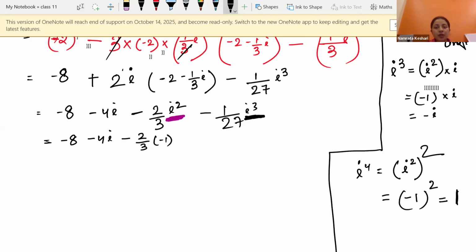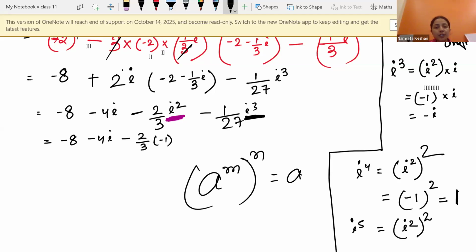I will also show you i to the power 5. You should always start with i square and then try adjusting the power as much as possible. How? By using the law of exponent. If you want to make power 5, then already square you have taken, and one more power 2 you can take maximum outside. The formula was a to the power m, to the power n, is a to the power m into n.